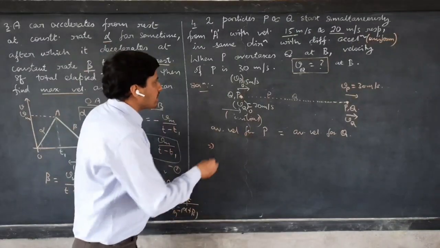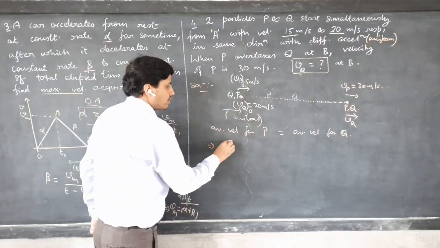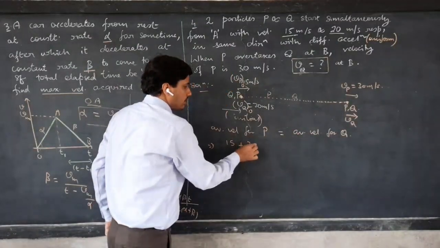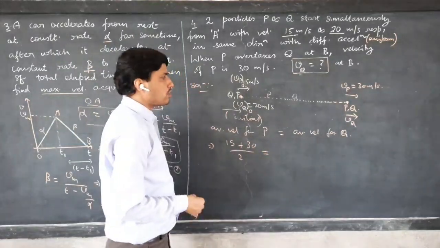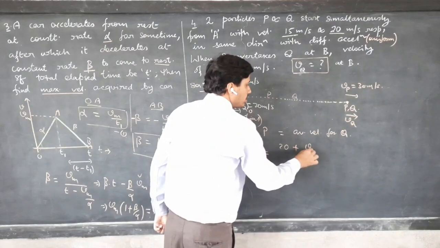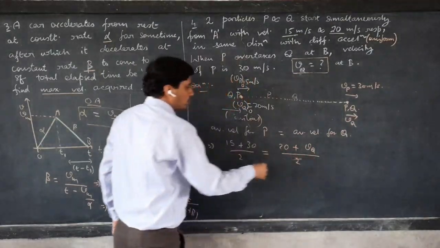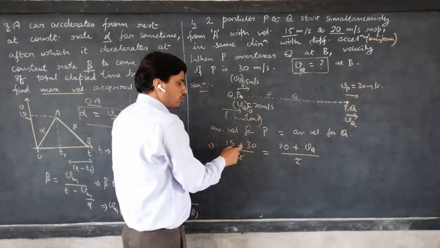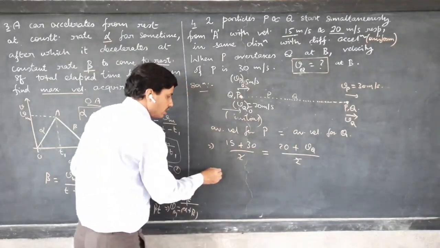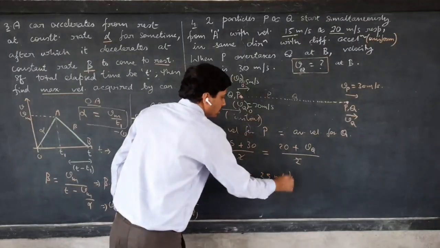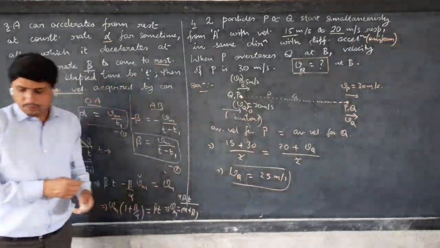So for P, the initial velocity is 15, final velocity is 30, by 2. This must be equal to, for Q, the average velocity, 20 plus this value, which I will write as Vq, by 2. So 2 will cancel and this becomes 30 plus 15, that is 45. 45 minus 20 will give you the value of Vq as 25 meters per second.